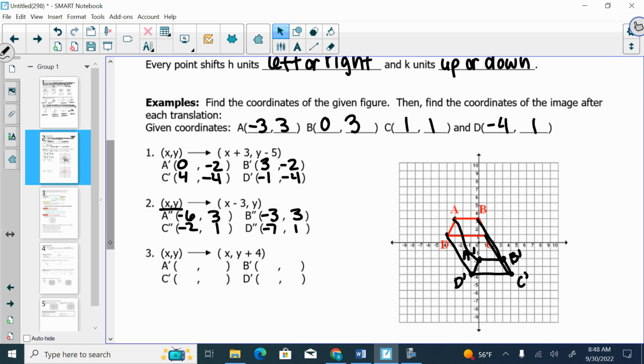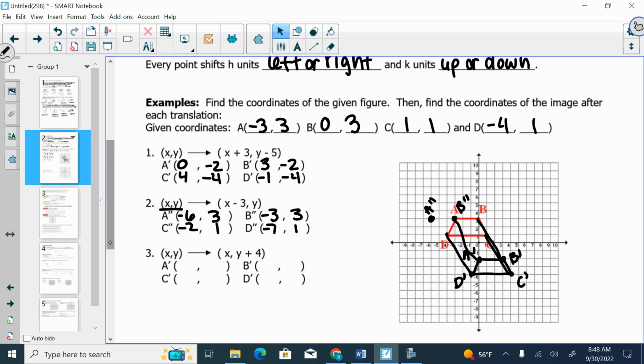Okay, so I've got, let's see here, -6, +3 is my A double prime. I've got -3, 3 as my B double prime.